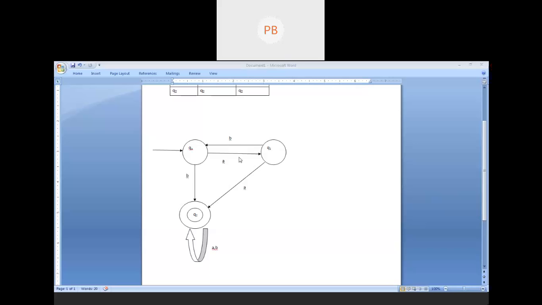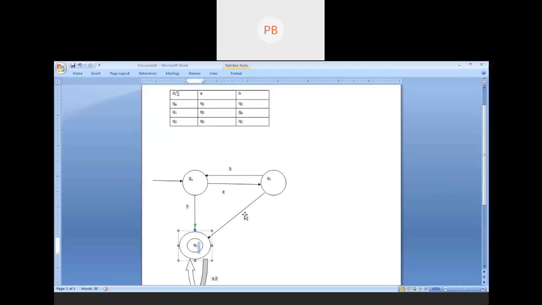AAB. AAA. Okay. That means we have to start from our start state, do the traversal, and reach the final state.